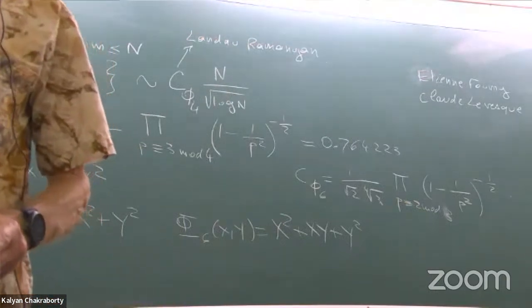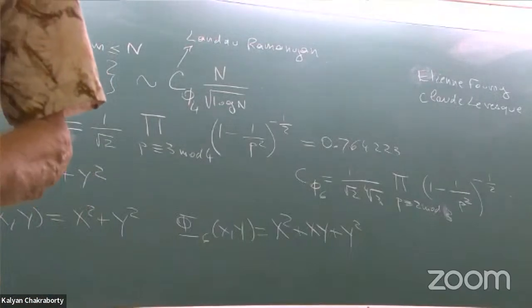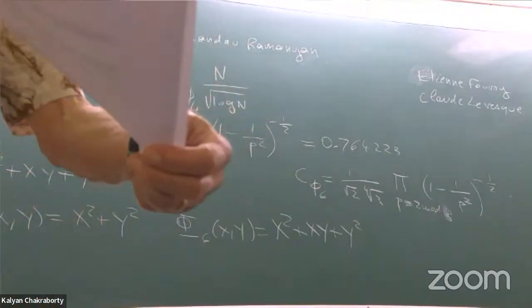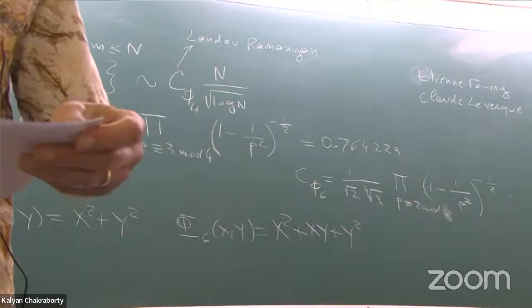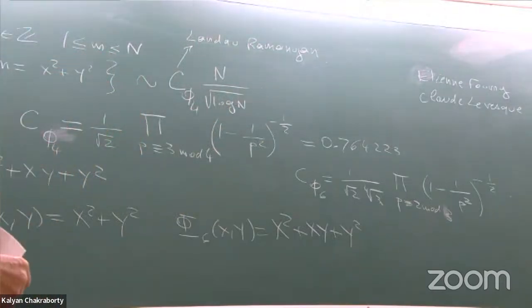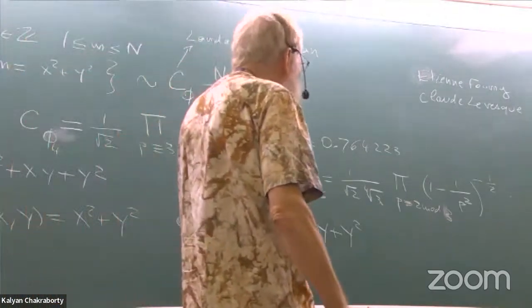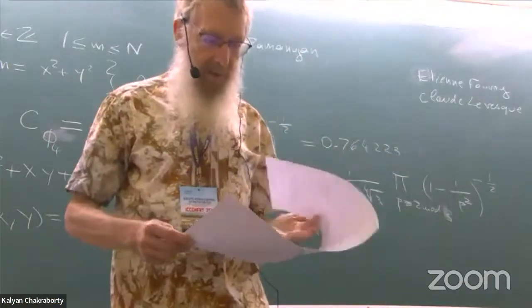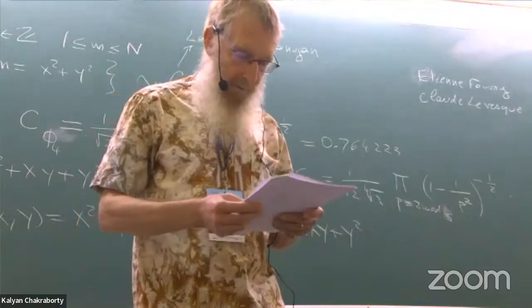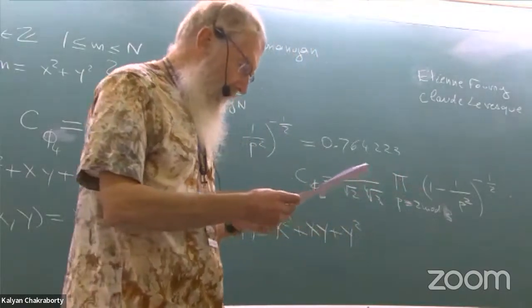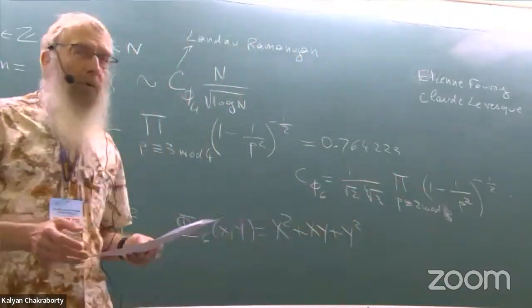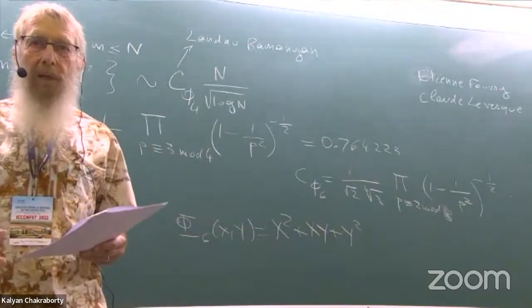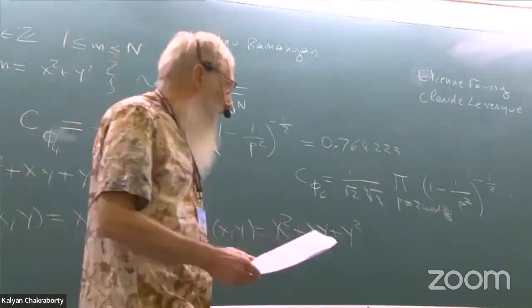When I reported on this question and this work in 2018, I mentioned the fact that we know C phi 4 with many decimal digits in the Online Encyclopedia of Integer Sequences, but for the constant C phi 3, we were able to compute just 2 or 3 digits, and we did not know how to compute more.